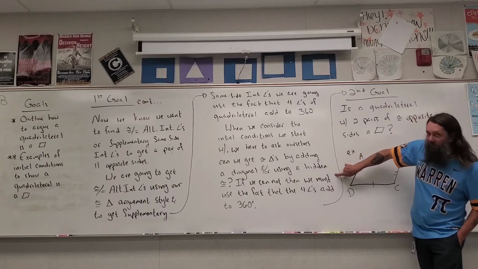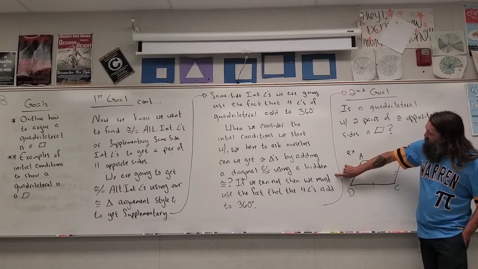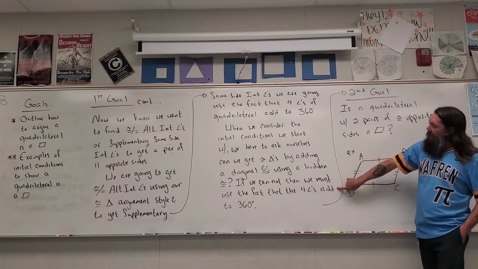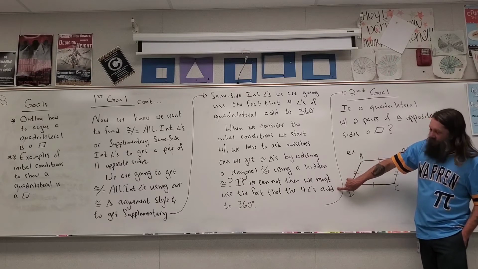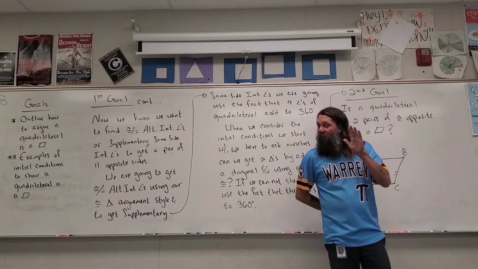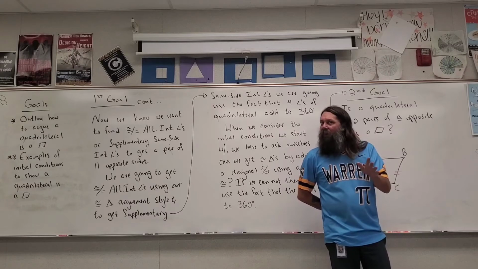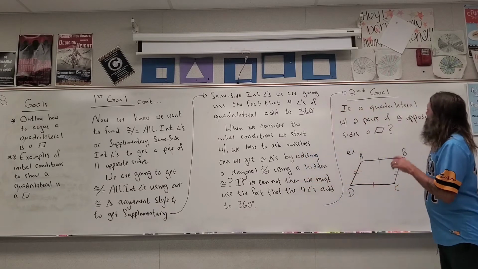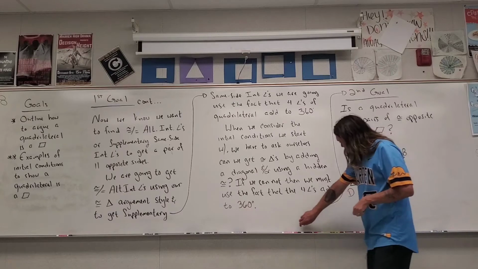If we cannot, then we must use the fact that the four angles add to 360 degrees. So we're going to try to see if we get congruent triangles by adding a diagonal, okay? So let's go ahead and check off our first goal.